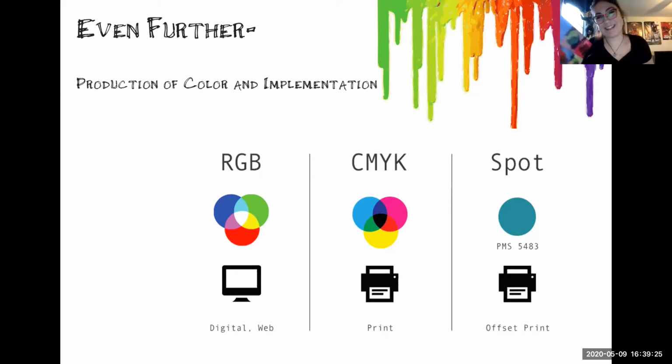I could continue talking about it, and then Pantone, which is the love-hate relationship in the design world, because it is the true color. You take this ink that is not going to be a mixture of CMYK or RGB, and it is going to be that exact color every time. It's very expensive, but it is used for offset printing and big products like Coca-Cola.